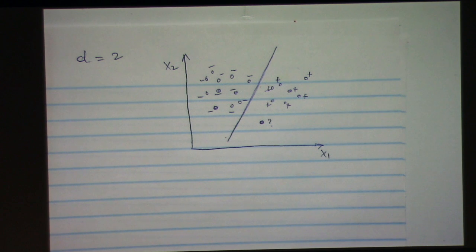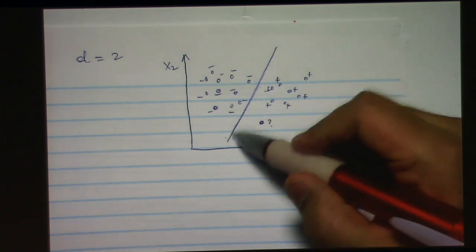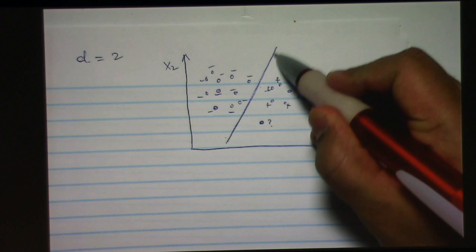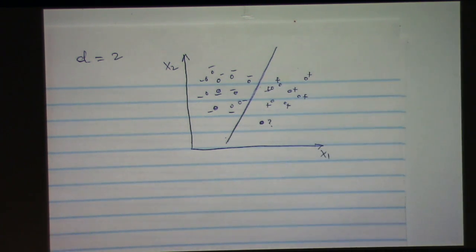So that is our assumption. Because in reality, it could have been a curve, it could have been anything. It could have been a bunch of circles or any other way to color them. But we are going to assume that the way they are colored is by first drawing a line and then calling everything on this side positive, everything on that side negative.